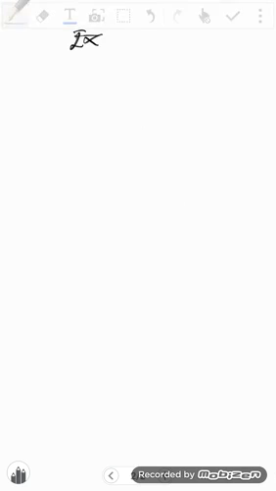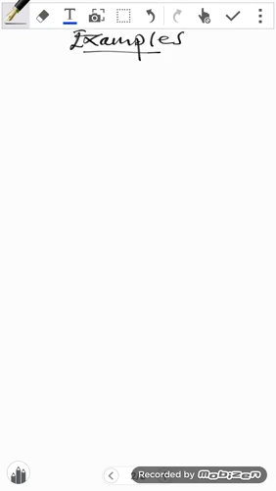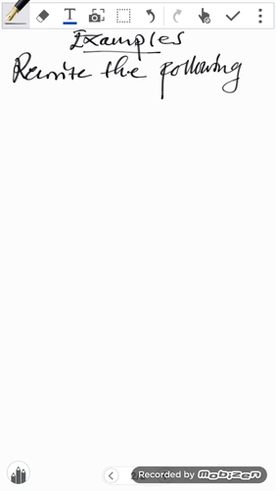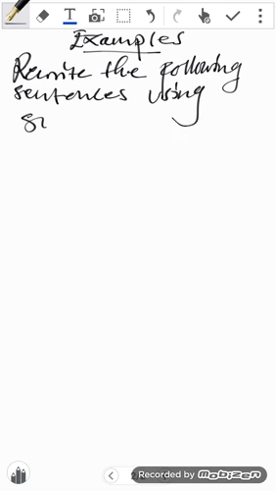Alright. Examples. Alright, so my handwriting will not be that clear, but please try to go with me. Alright, so they will say rewrite the following sentences using so that.